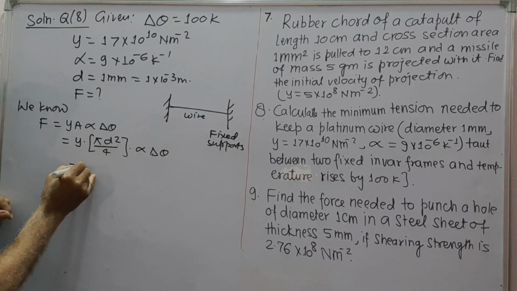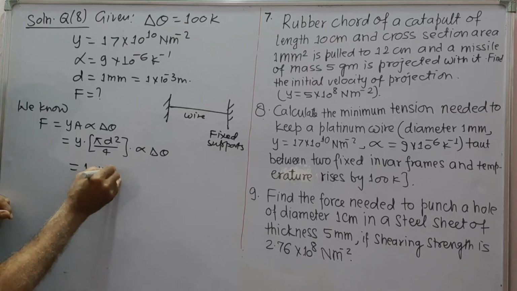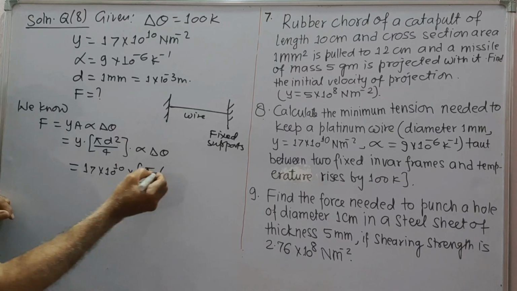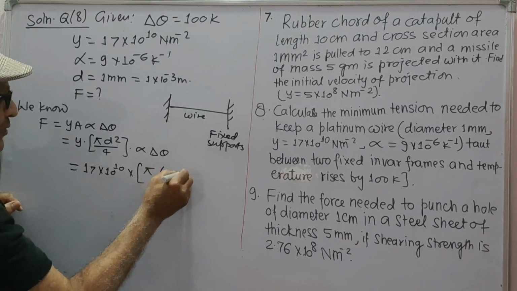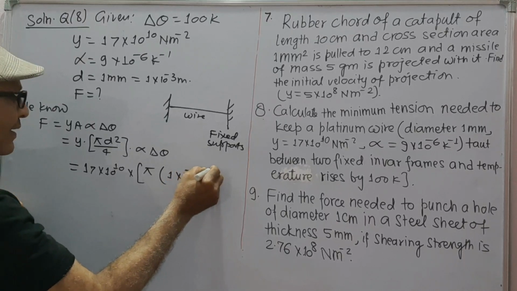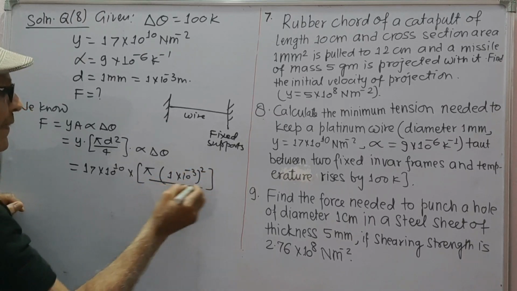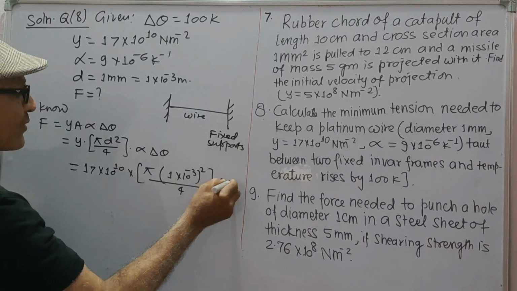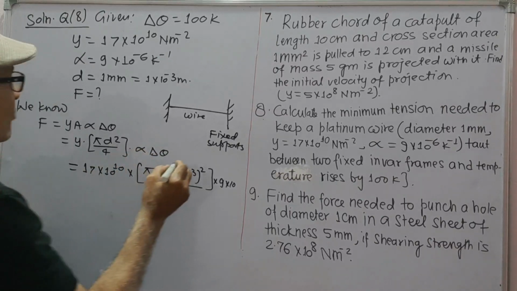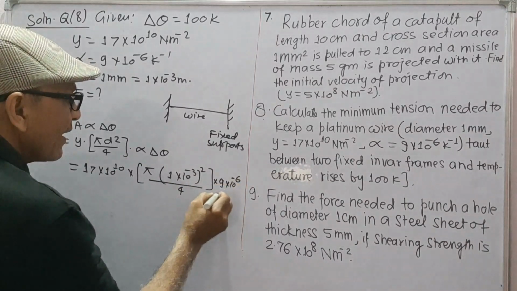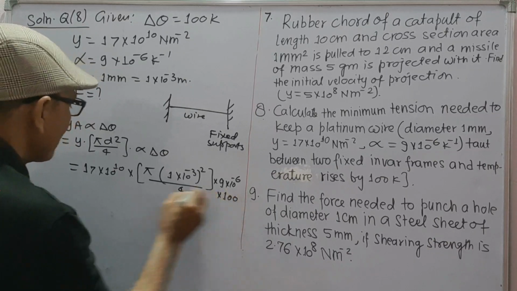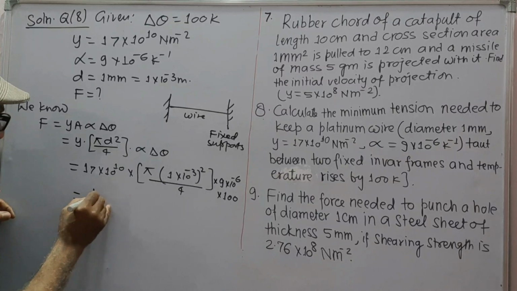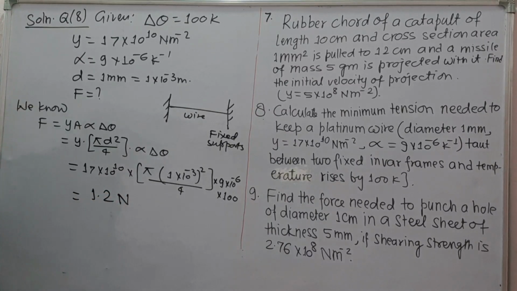Values are known: Y is 17 into 10 to power 10, into pi d square by 4, d is diameter 1 into 10 to minus 3, into alpha is 9 into 10 to minus 6, into 100, which on simplification gives force as 1.2 Newton.